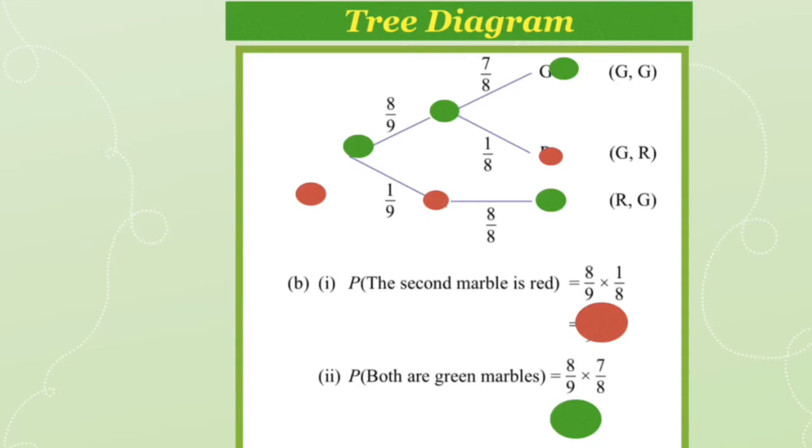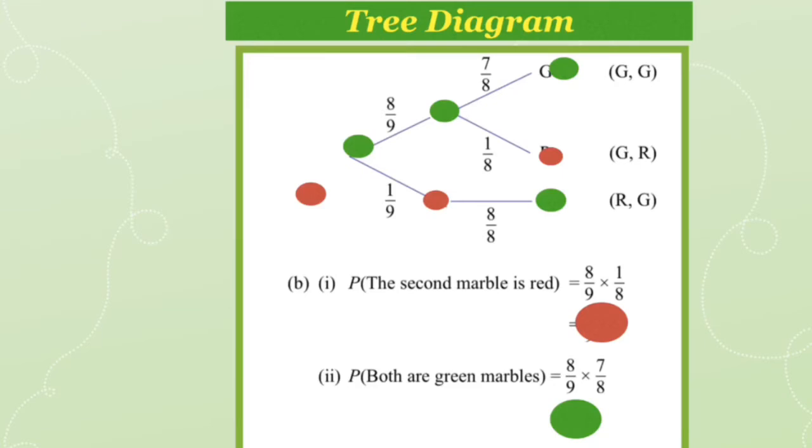by the first event. So if let's say you chose a red marble the first time, the probability of getting a red marble is 1 out of 9. And then you never return the red, you do another selection. So now the green still remains 8, but the sample space will reduce by 1 because the red marble was already chosen by you just now.